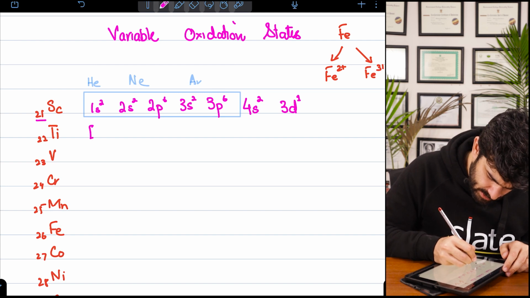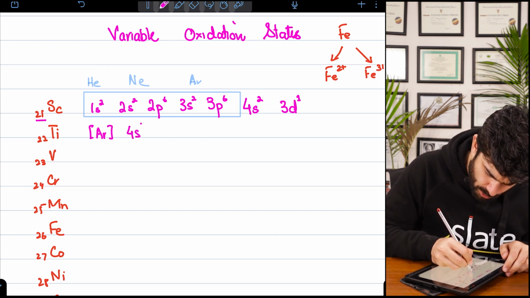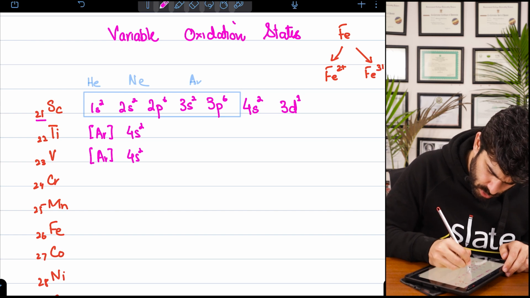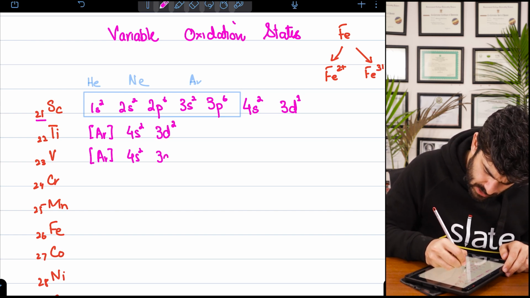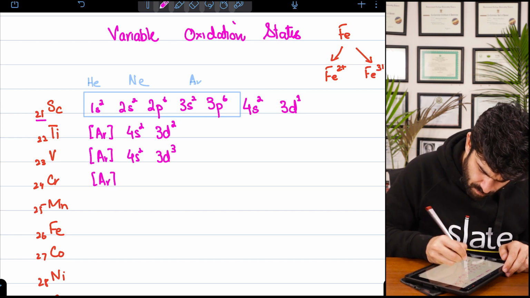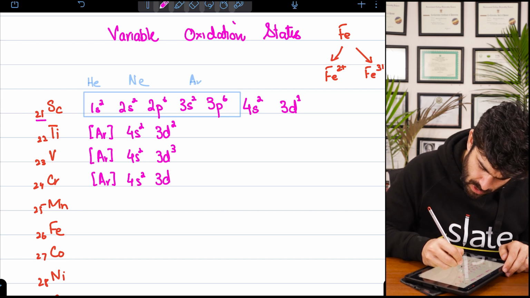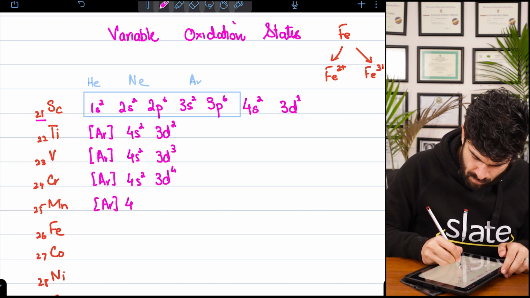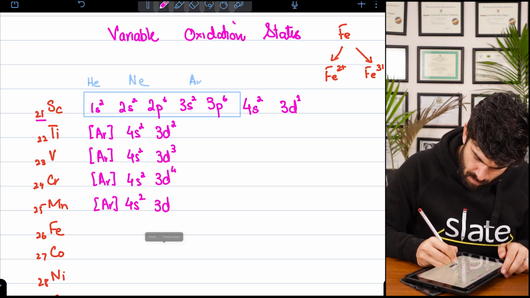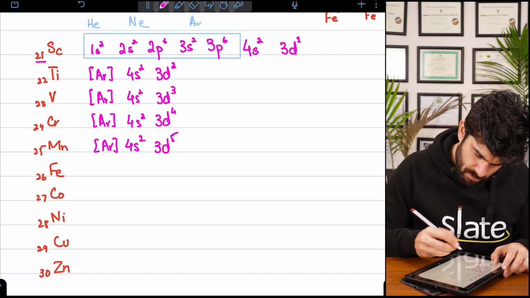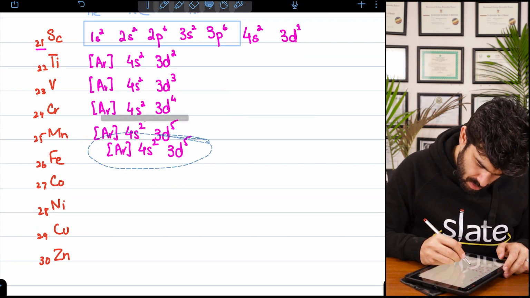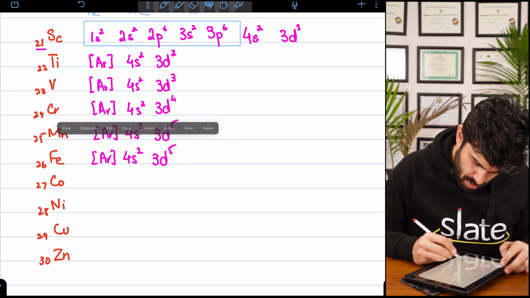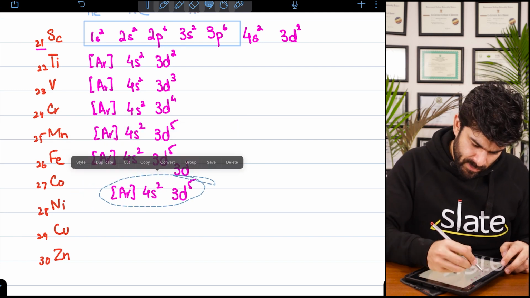So let's do it that way. 4s2, vanadium, 4s2, 3d2, 3d3, 3d4. Let's keep on pasting it because it's going to be the same throughout.